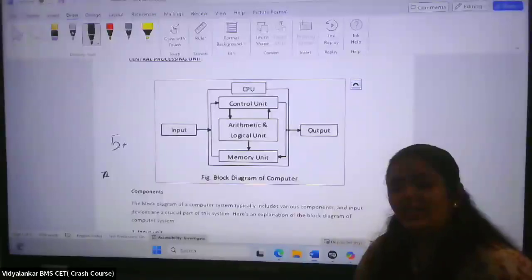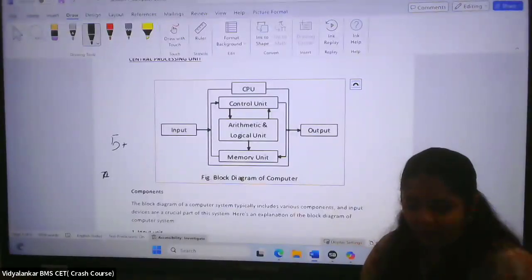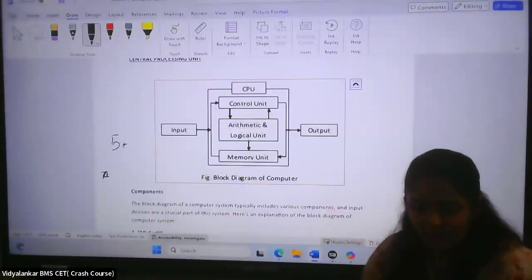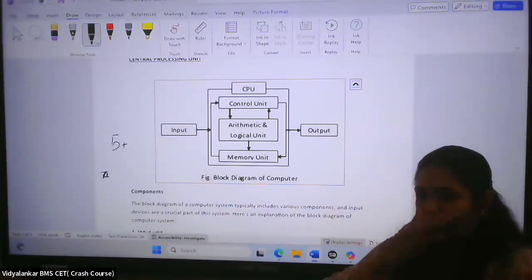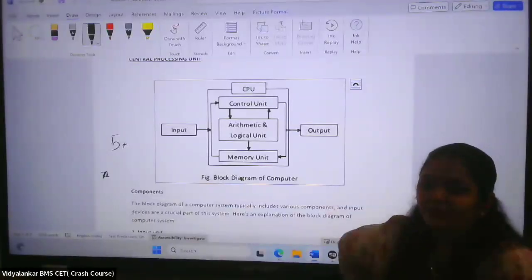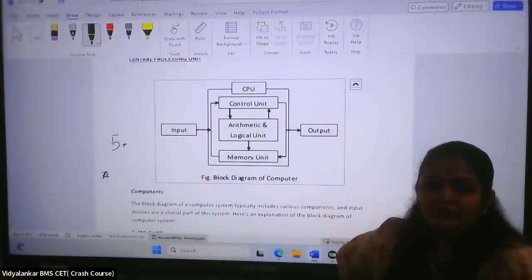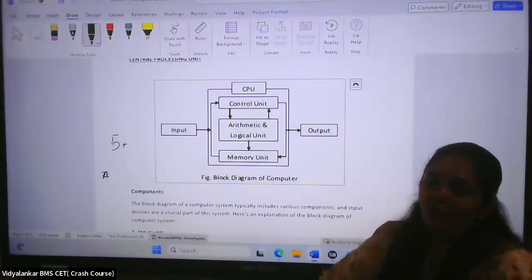A process is a, read the options. Worksheet, computer basics. A process is a single thread of execution, program in the memory or task. A, B, C, D. Which one? How many of you say first one?